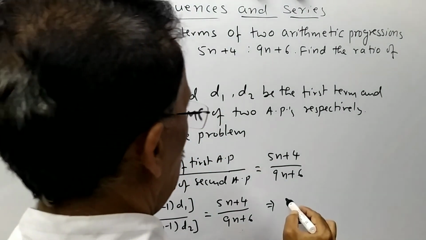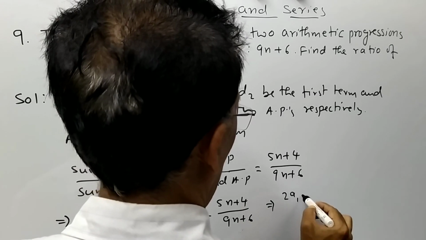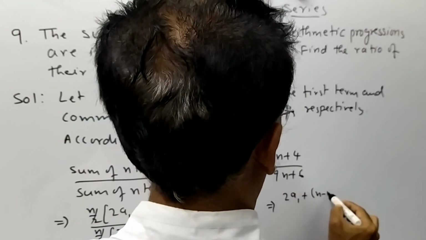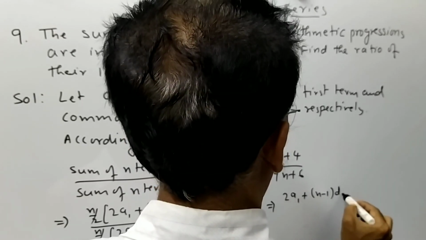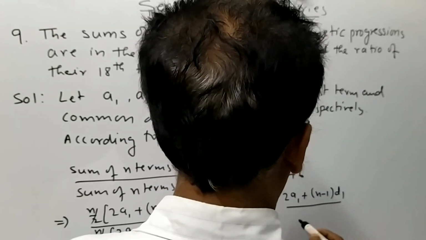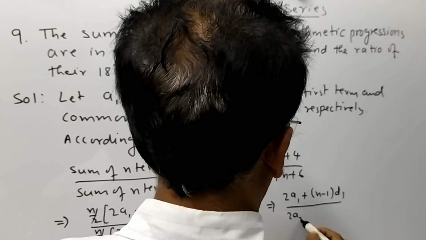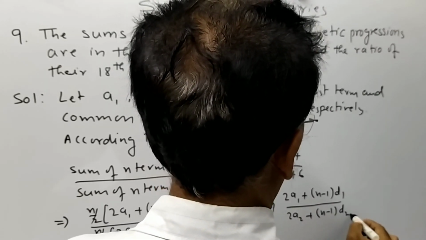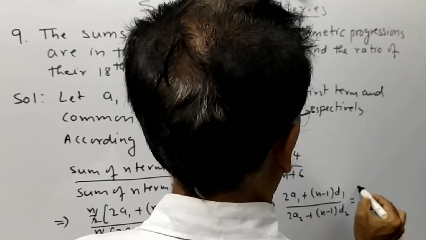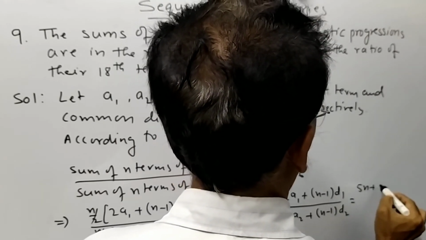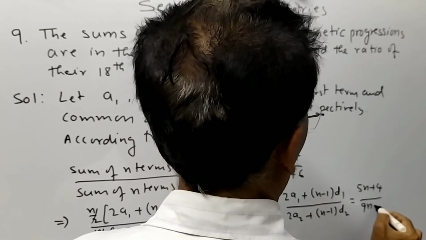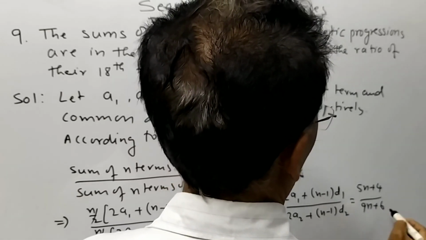Implies 2a1 plus n minus 1 into d1 divided by 2a2 plus n minus 1 into d2 is equal to 5n plus 4 divided by 9n plus 6.